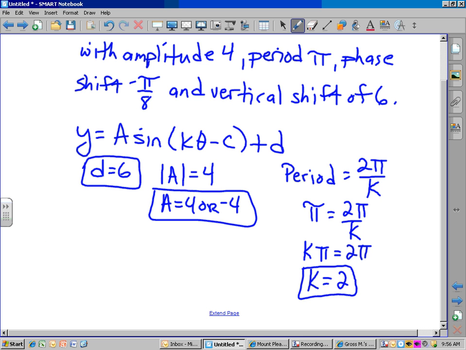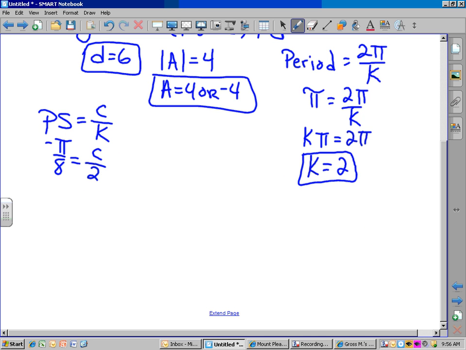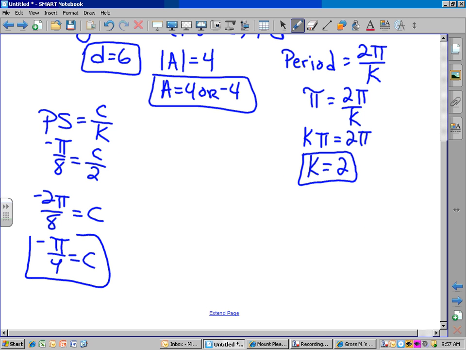C. Phase shift. C over K. Our phase shift is negative pi over 8. C we don't know. K we just found is 2. Can we solve that? Absolutely. Multiply by 2. We get negative 2 pi over 8 equals C, or negative pi over 4 equals C. So we have them all.